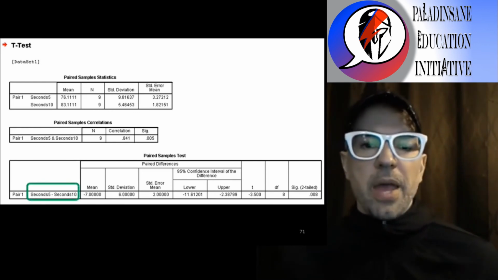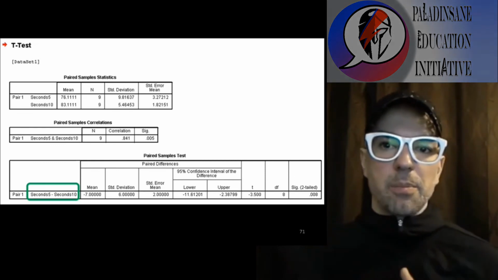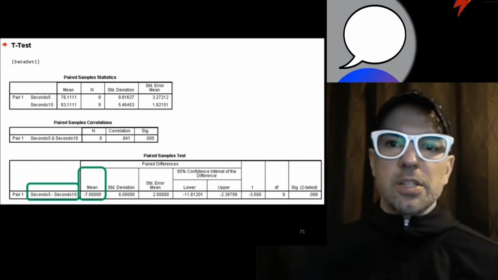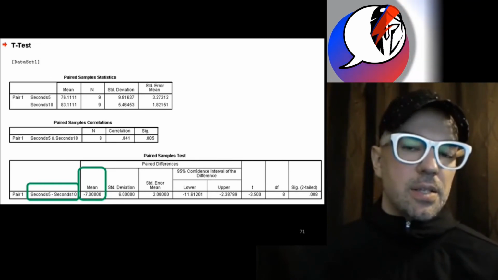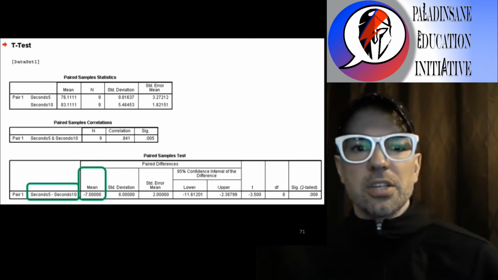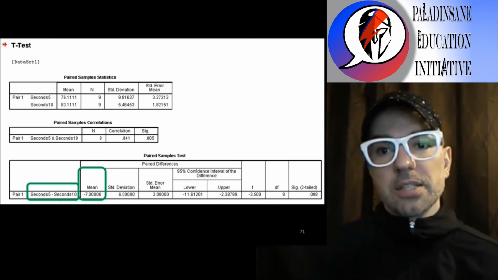So this is the pair that SPSS was looking for. Those are the two variables that SPSS was comparing, and the mean difference between those two is listed right there. That tells us that there's a 7% difference between the 5-second condition and the 10-second condition. The 5-second condition is 7% worse, that's why it's -7.